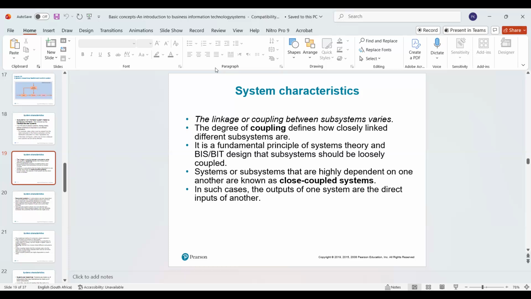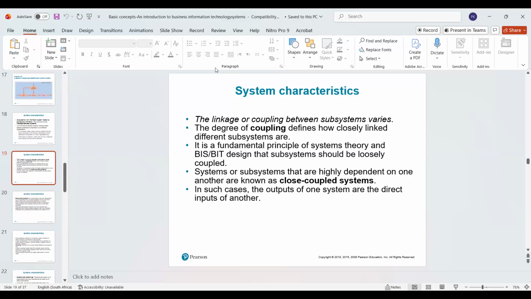System B depends on system A to work. Let me give a typical example. In our academic environment, we have system A and system B. System A is the one that allows lecturers to mark the script, process the marks and then upload the marks. System B is the system that issues notification to students that your results are ready on the system, or sends letters to students.